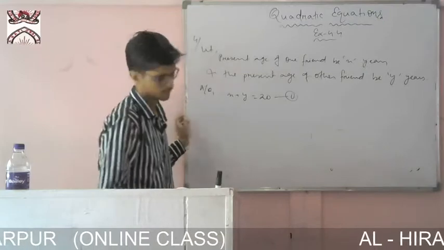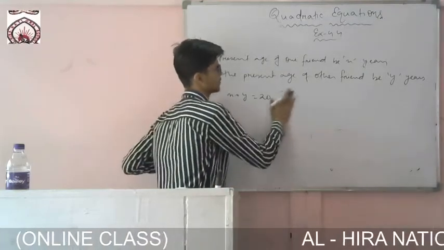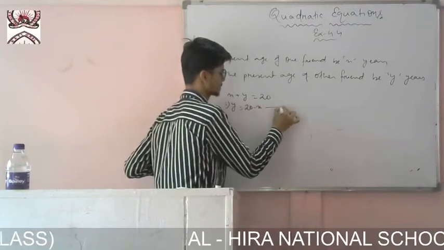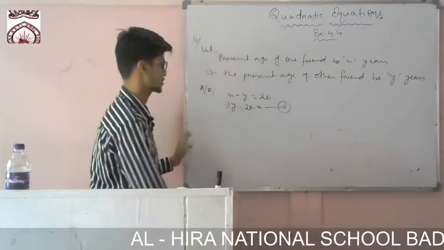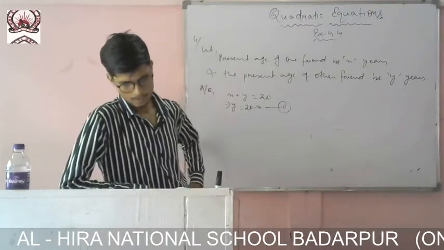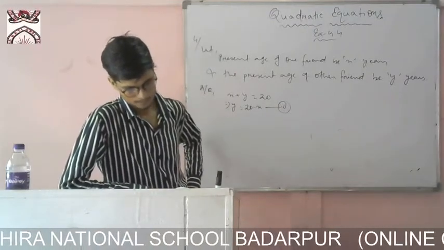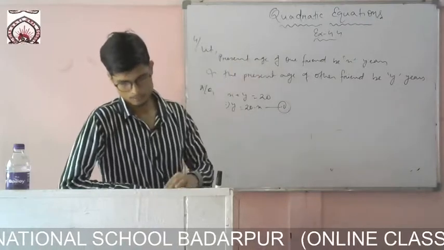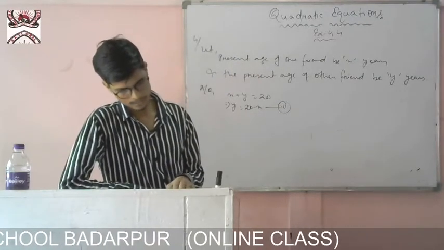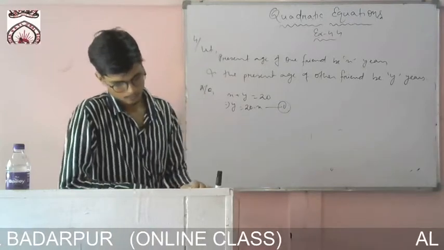From the first equation, let us find y equals 20 minus x. We'll use it later on. Now it is given, 4 years ago. Four years ago means minus, so 4 years ago the product of their ages was 48.